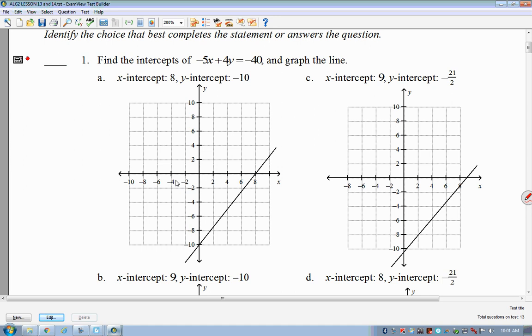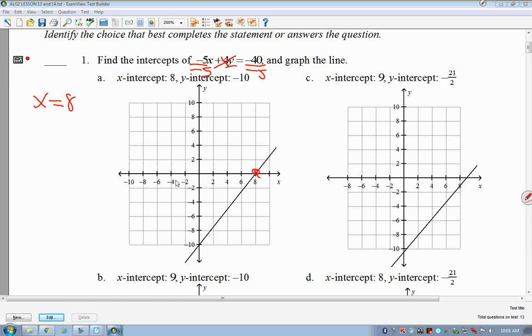If I make the y 0 in this case, what's 4 times 0? 0, so that pretty well cancels it out. So now I just need negative 5x equals negative 40. Let's divide by negative 5. So x equals 8.